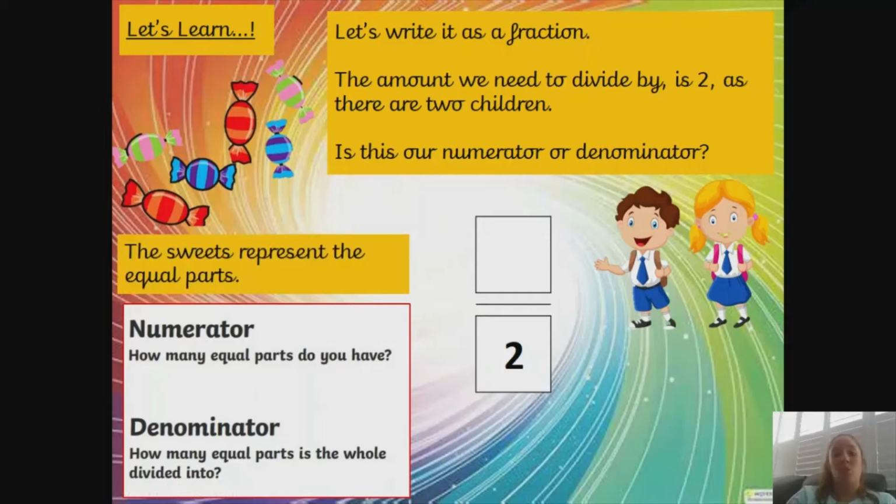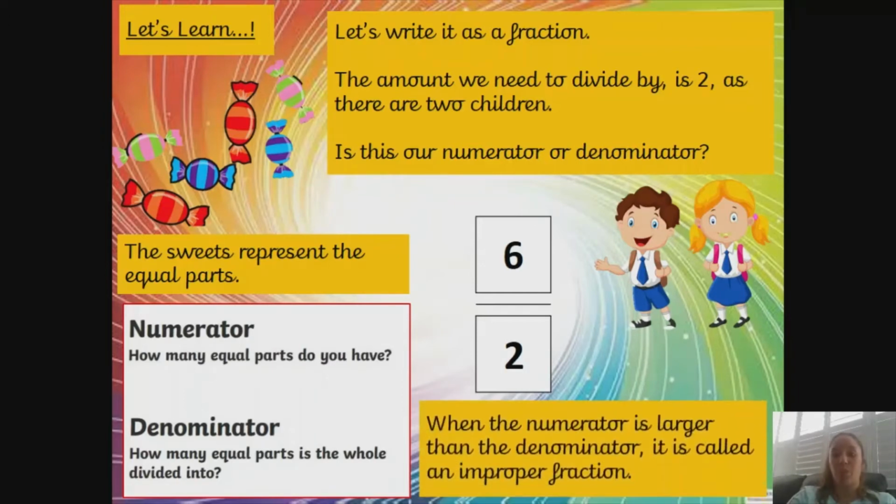And then we have the sweets, which represent the equal parts. So because we have 6 sweets, the 6 is going to go above the 2 like this. Now the 6 above the 2 just means 6 divided by 2. So we know that the children will get 3 sweets each. Okay.